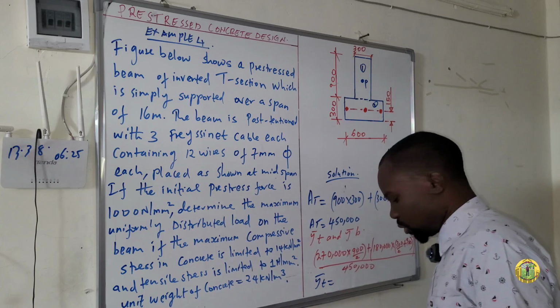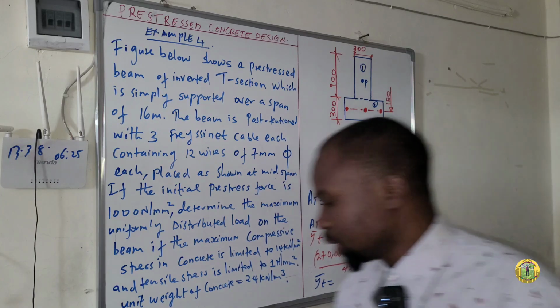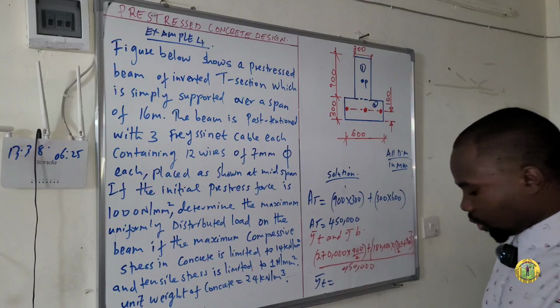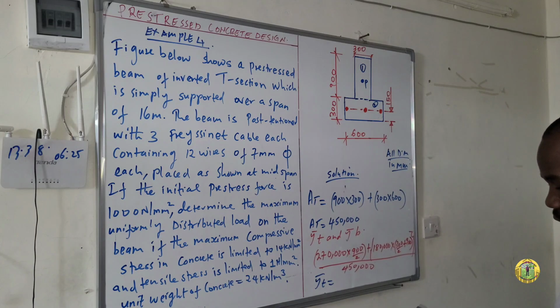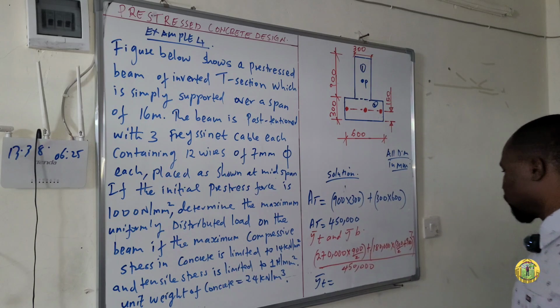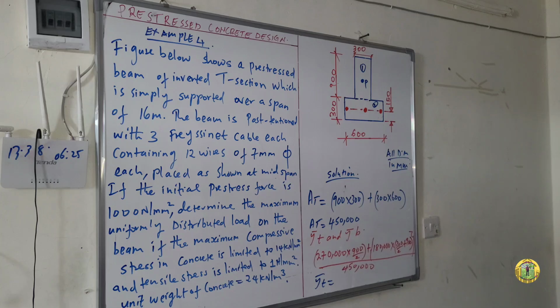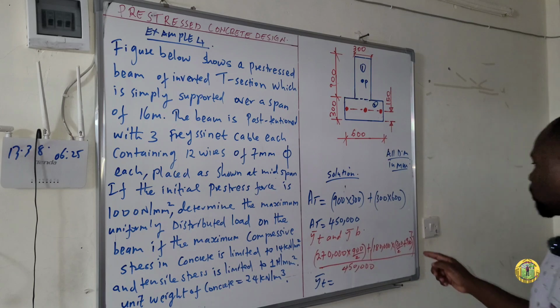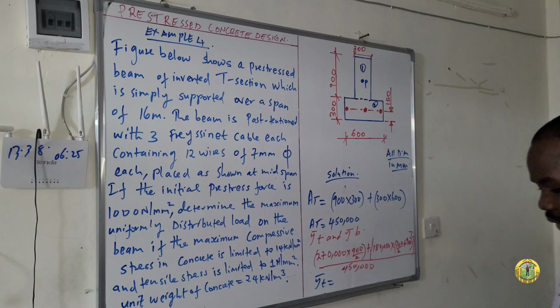So y bar top is equal to, let me carry out the operation: 270,000 times 450, plus 180,000 times half of 300, which is 150. 150 plus 900 is 1050, so times 1050.